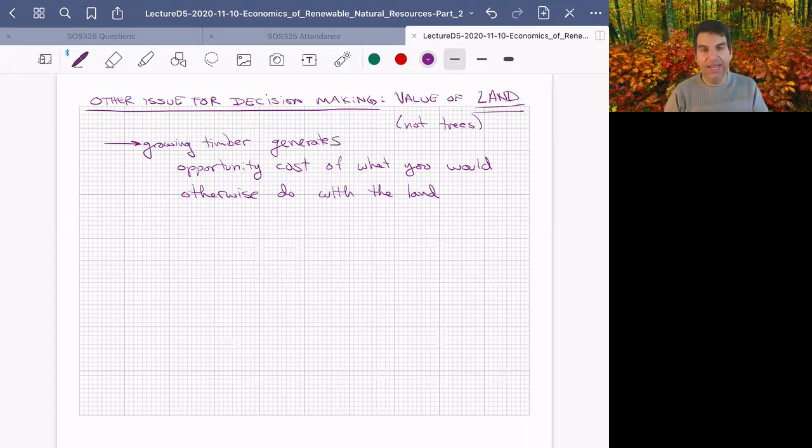In a world where you've decided that timber is still what you want to do with the land, the fact that you have to deal with your lost opportunity of doing other things with the land is going to change your timber rotation. In other words, you're going to ask more from your timber rotation. It needs to give you more in order to compensate you for the lost opportunity of what you could be doing with the land instead.